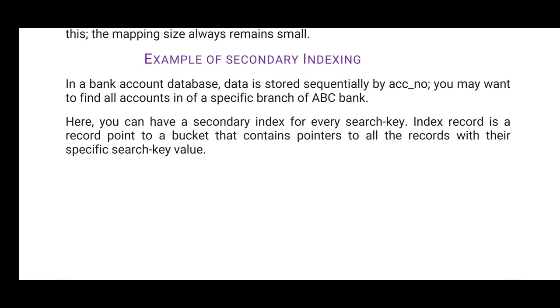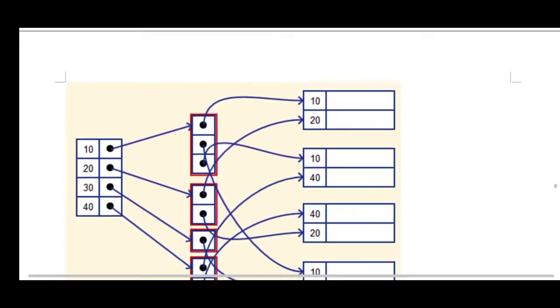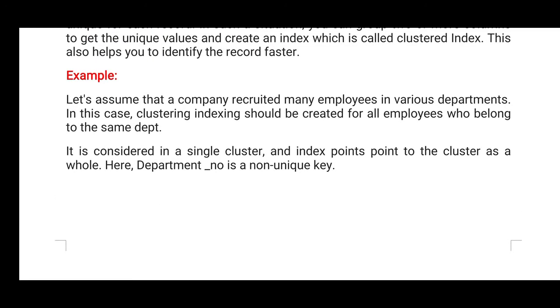Here you have a secondary index for every search key. The index record points to a bucket that contains pointers to all the records with that specific search key value. This is the secondary key.